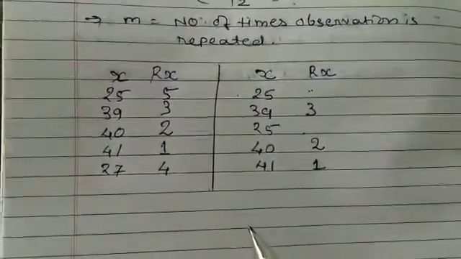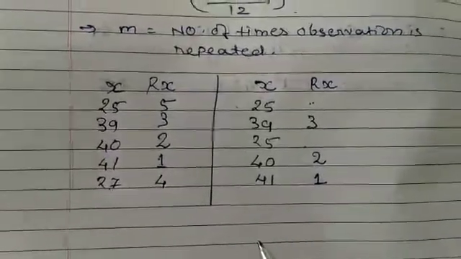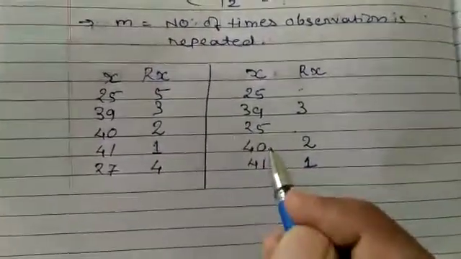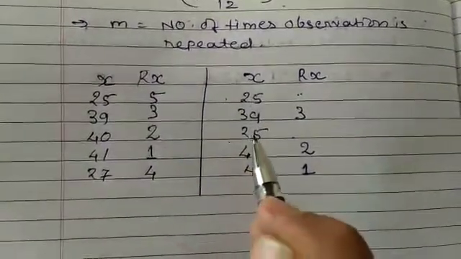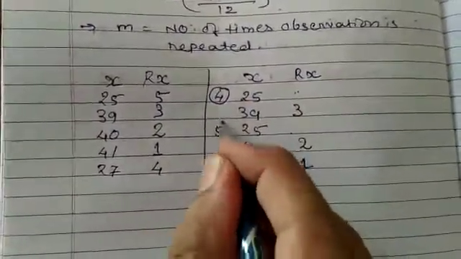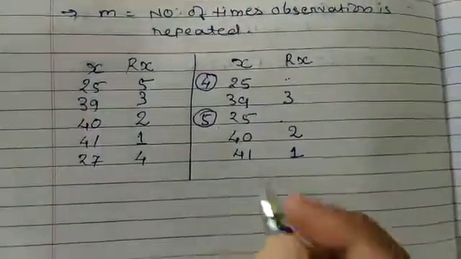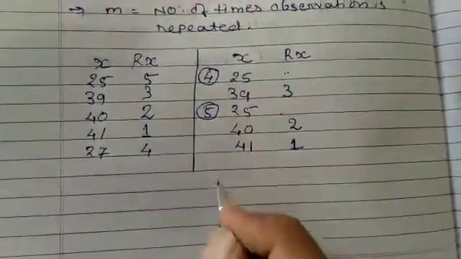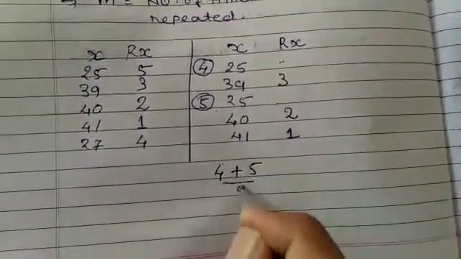So what kind of ranks will be given to these two same numbers? Find the average of the ranks of these two values. The fourth rank is for one observation and the fifth rank for the other. Find the average rank of these two elements, that means fourth rank plus fifth rank divided by 2.